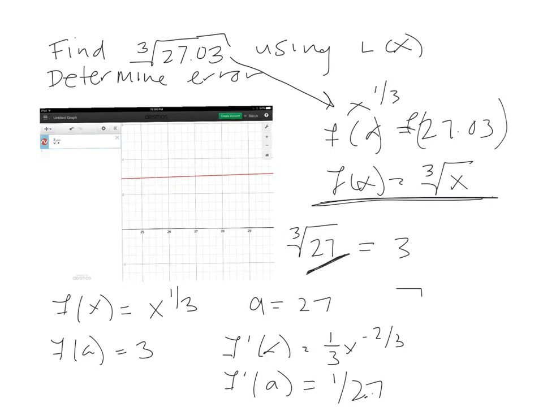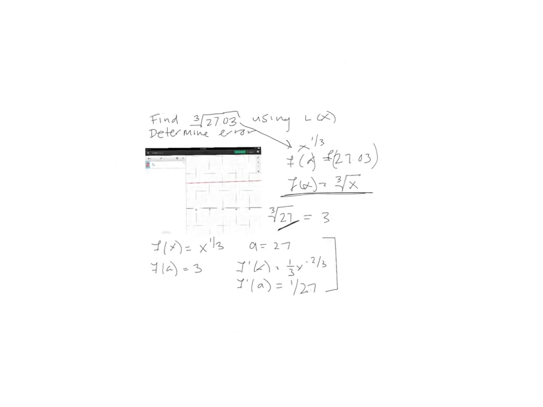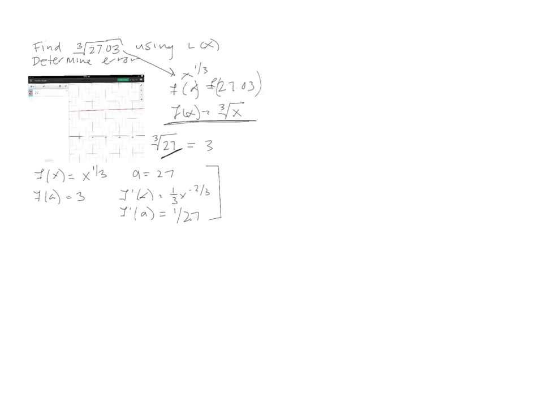So now I have all that I need for my linearization. So I'm going to shrink this down, put it up in the corner, and recall that L of x is f prime of a, x minus a, plus f of a.